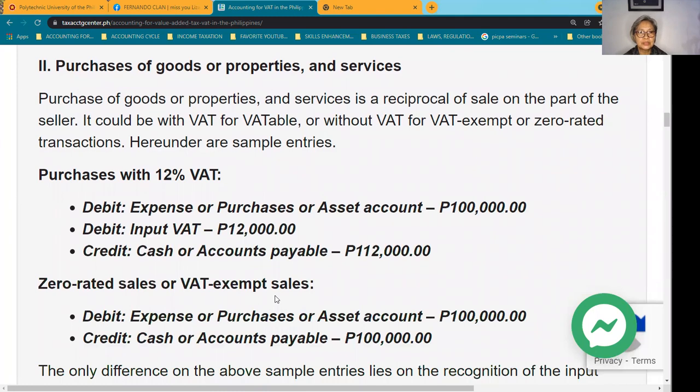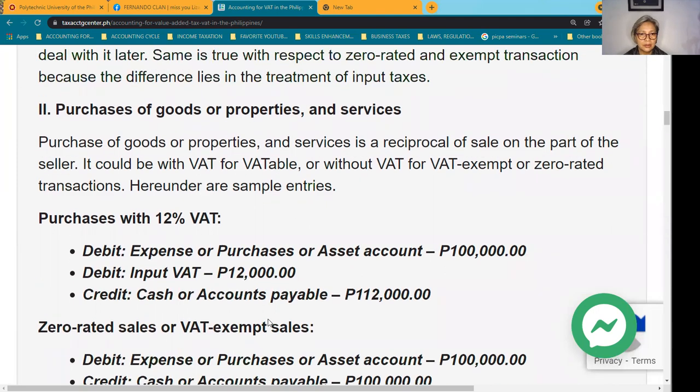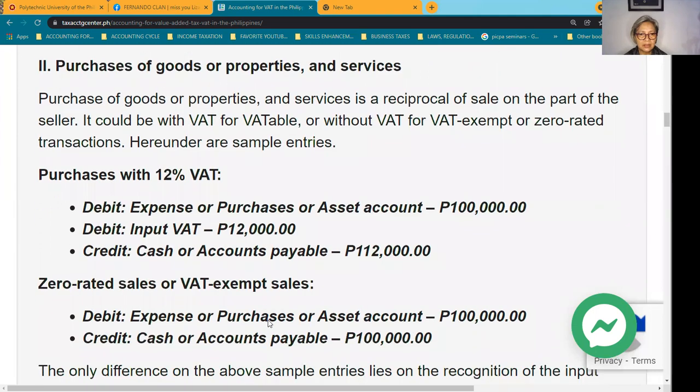Purchases of goods and properties. So, purchases with a 12% VAT, anong entrada? Kunyari, 100,000 yung binili. So, debit, expense, or purchases, or any other asset account. Kung expense yan, debit mo yung expense.